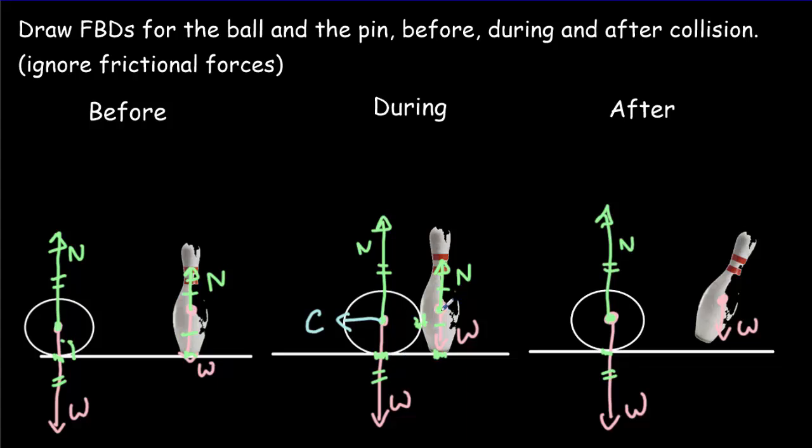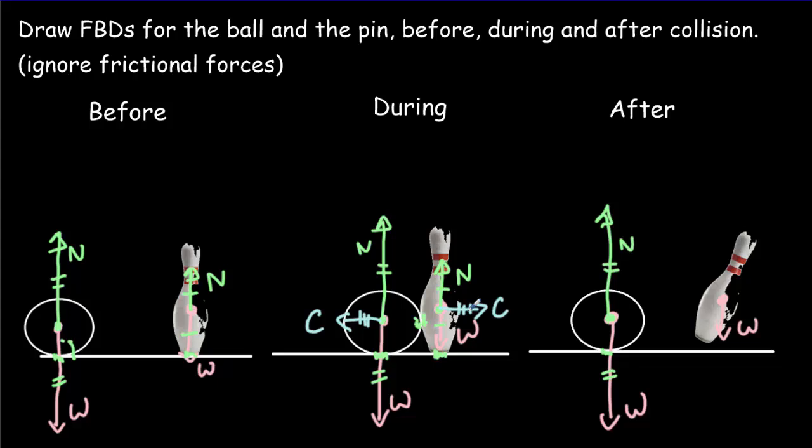And likewise here, there would be a contact force with the ball. So the ball gets pushed backwards, causing it to slow down. The pin gets pushed forwards, causing it to speed up. And it turns out by something called Newton's third law that these two forces would be equal and opposite.